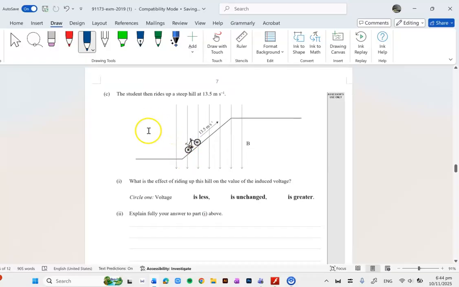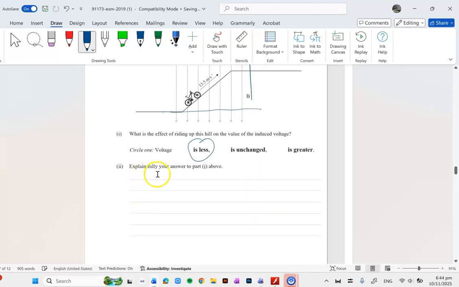The student then rides up a steep hill. What is the effect of riding up this hill on the value of the induced voltage? That's going to be less, because for the voltage to be maximum, it needs to be directly perpendicular, or 90 degrees. The closer it is to being aligned, the less the voltage or force will be. Explain fully your answer.